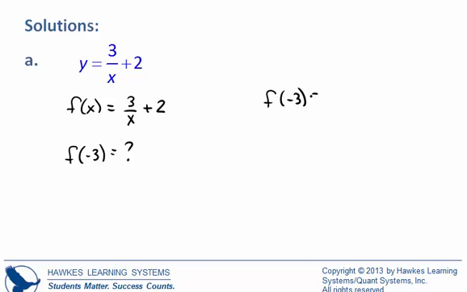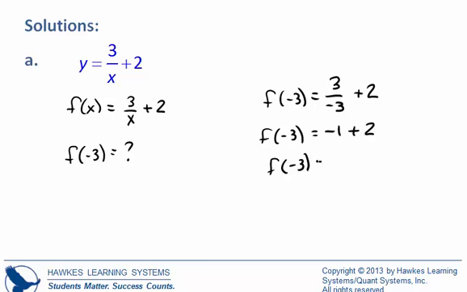So the 3 divided by x becomes 3 divided by negative 3. The plus 2 stays the same. 3 divided by negative 3 is negative 1. And negative 1 plus 2 is going to be a positive 1.